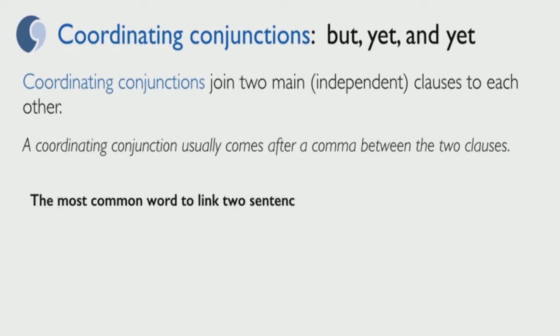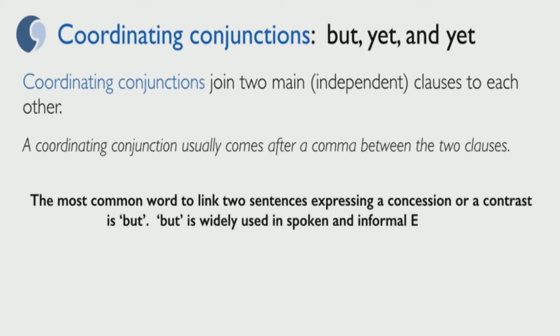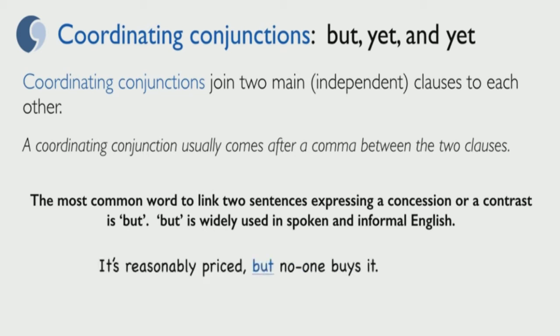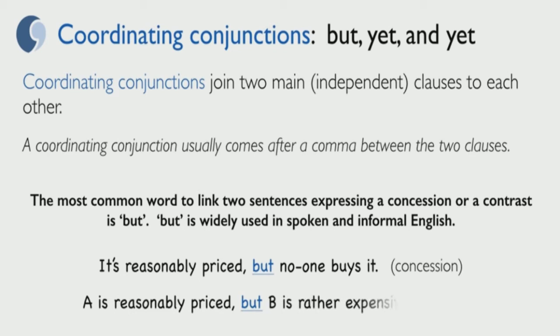The most common word to link two sentences expressing a concession or a contrast is but. But is widely used in spoken and informal English. For example, it's reasonably priced, but no one buys it. This is a concession. Or, A is reasonably priced, but B is rather expensive. This is a contrast.